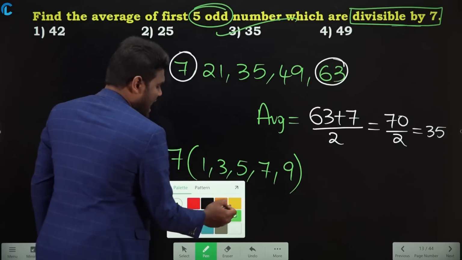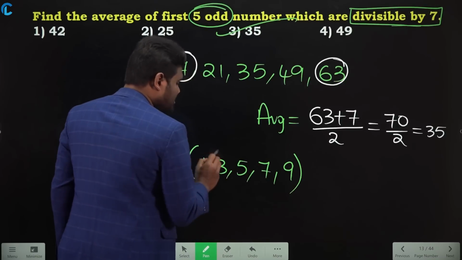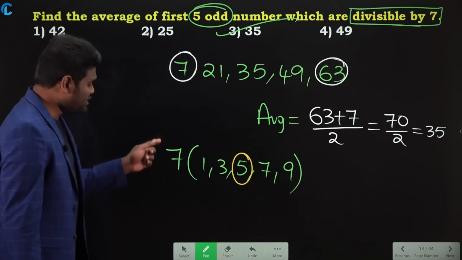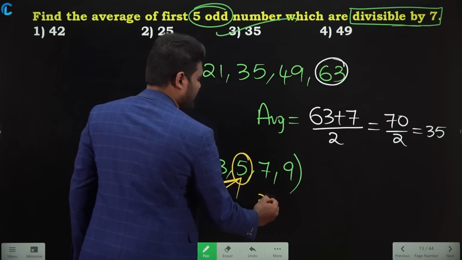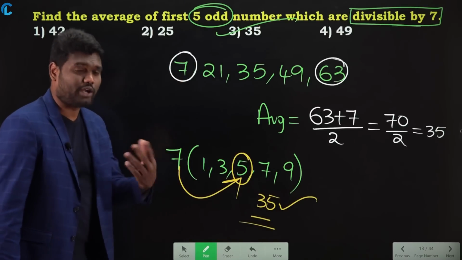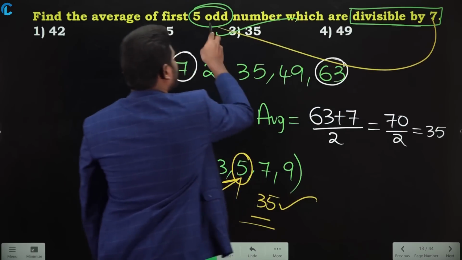So what I will do, as the series is in arithmetic progression, 1, 3, 5, 7, 9. What is the average? Average is nothing but 7. And it should be divisible by 7. So 7 into 5, we can say that the answer is nothing but 35. Or else what you can do is, in this question, you can directly multiply 7 into 5.